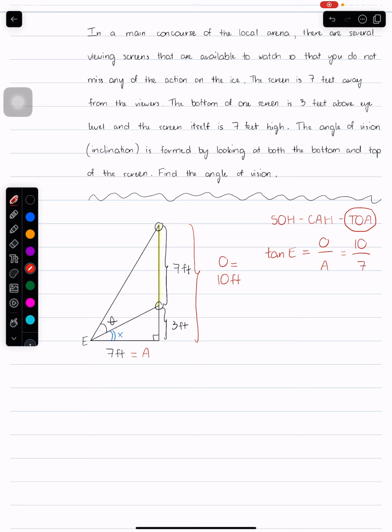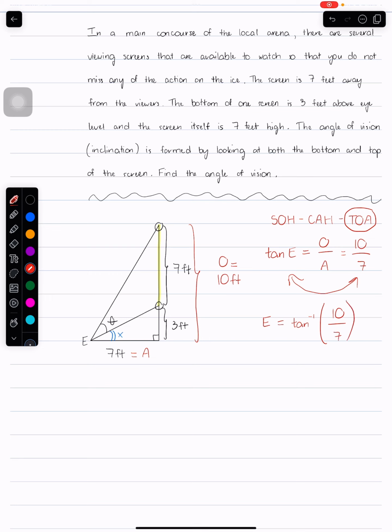And in order to get the angle E by itself, I would have to do the inverse function. What it does is that I'm going to swap the roles of the output and the input in here. So the angle E equals tangent inverse of 10/7. And that would be what I'm going to put in the calculator.